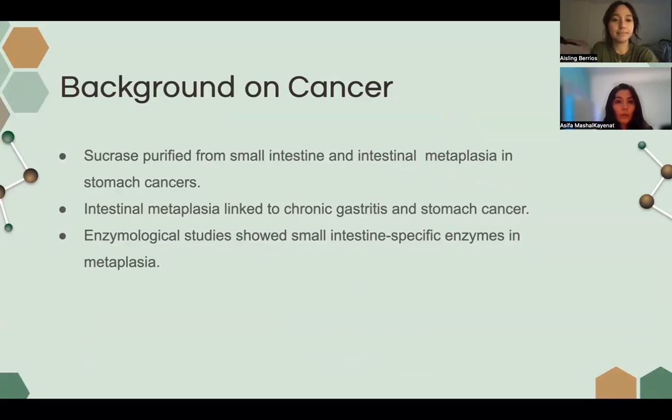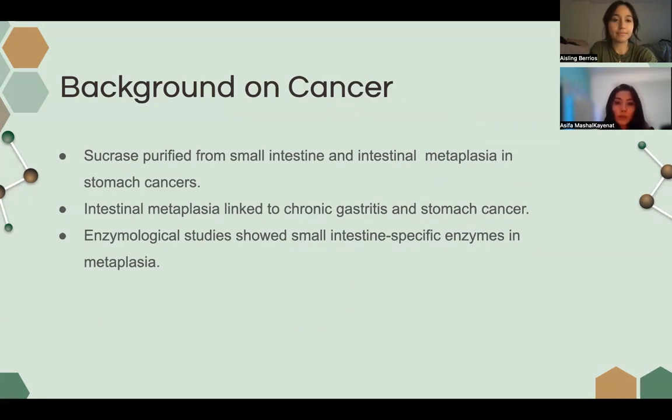Now, why would sucrase have anything to do with cancer? Here is some evidence that may suggest a link. Intestinal metaplasia in humans resulting from chronic gastritis involves abnormal differentiation of stomach mucosa, leading to the emergence of intestinal-type epithelial cells.